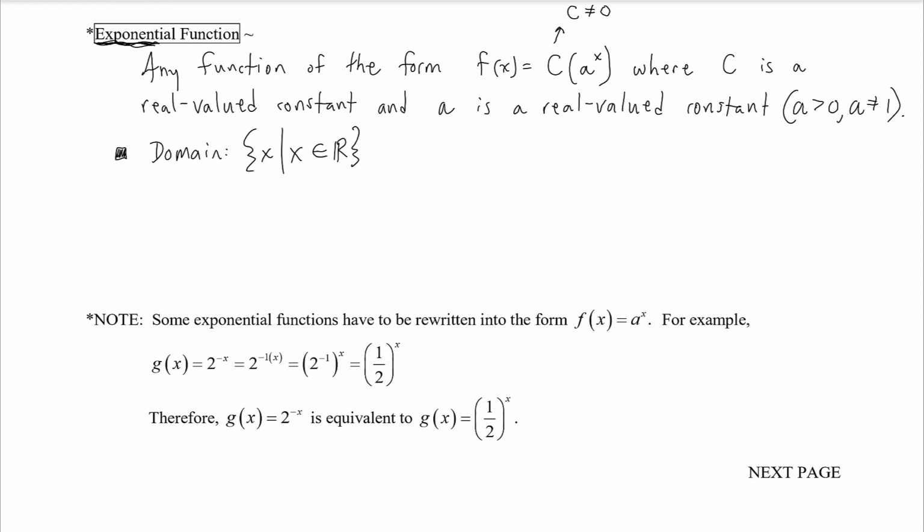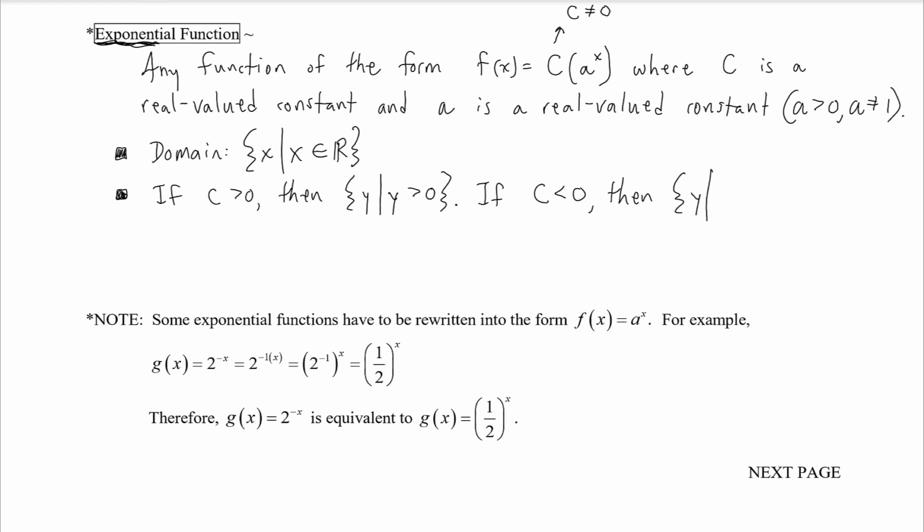Okay, so why don't we write it this way? If c is positive, then our range, y will be positive. If c is negative, then the output will be negative, because a negative times a positive, right?